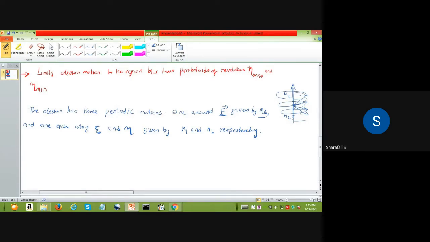So this is the electron's motion with respect to that field. This is the precession. You have to be careful here because the electron will be moving like this. For example, if you consider this particular angular momentum, then the electron will be moving like this, so that your angular momentum will be perpendicular to the electron motion. Okay.